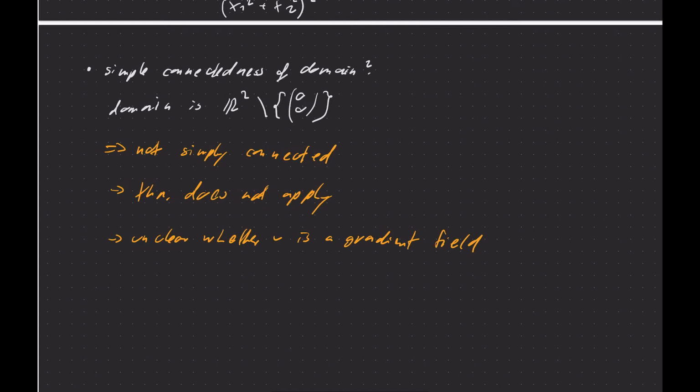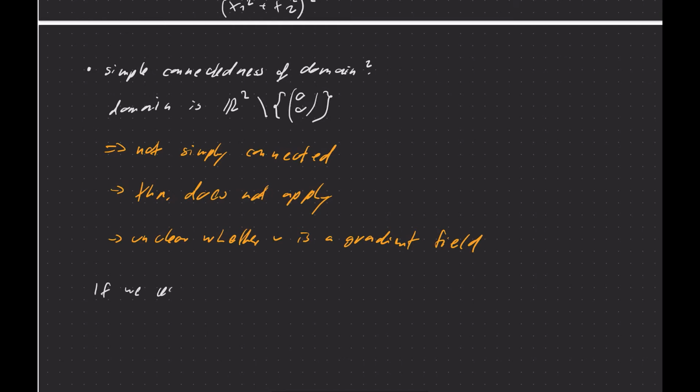And if you do the math, if you try to actually compute the potential, then you will run into troubles, and you should find out that this is not actually a gradient field. But the theorem itself does not tell us that. Okay, so let's also remark that.